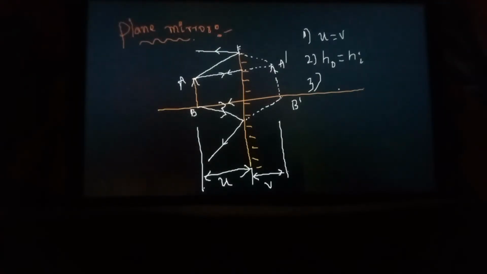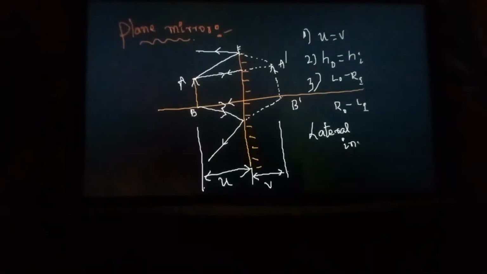The phenomenon where the left side of the object appears to be the right side of the image, and the right side of the object appears to be the left side of the image. This mirror conversion, this mirror image, is called lateral inversion. So I hope you got it. So that is about lateral inversion.